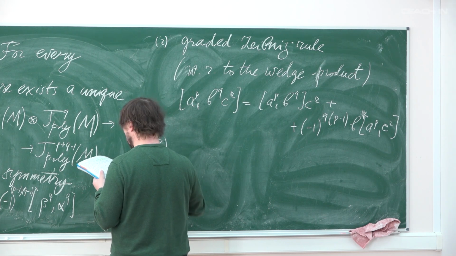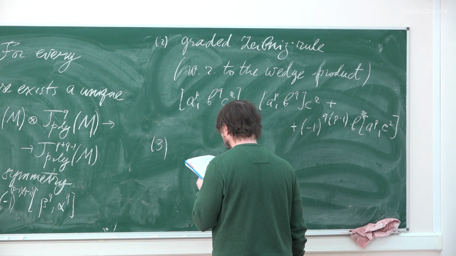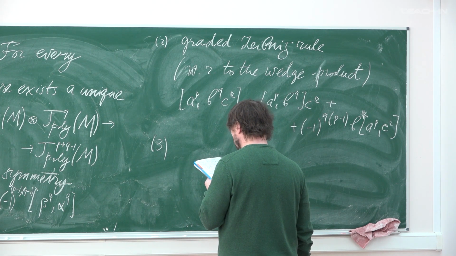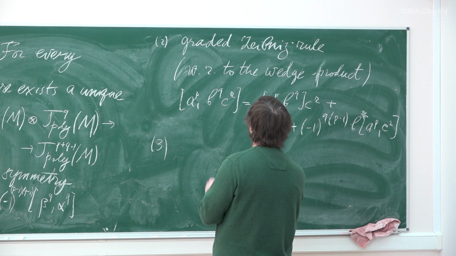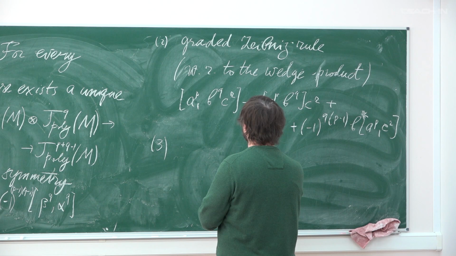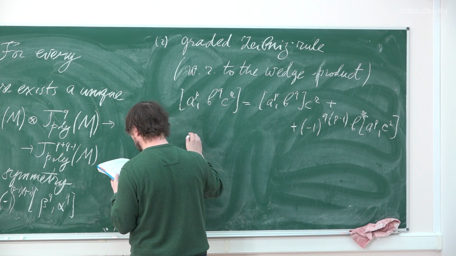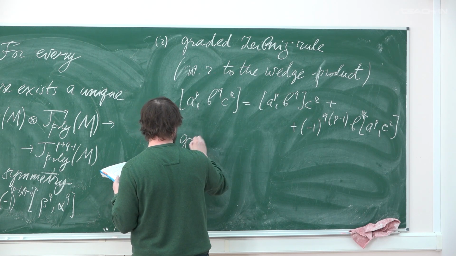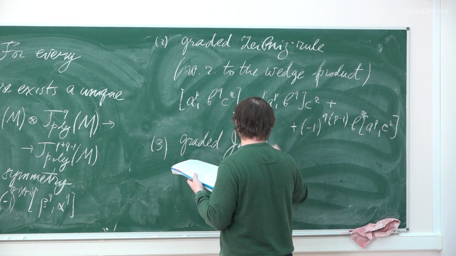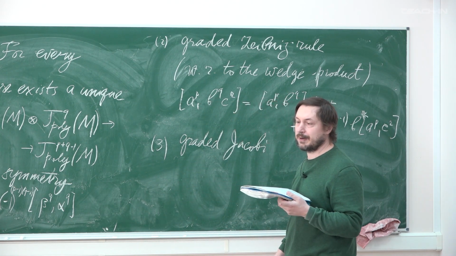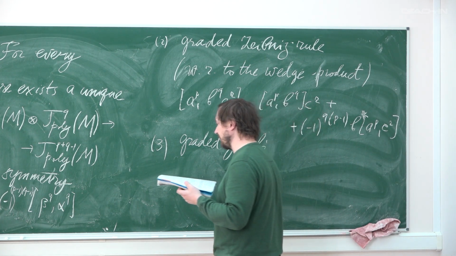Now the condition number 3. Let's put the important conditions first: the graded Jacobi identity. Again, this graded Jacobi is with respect to the degree -1 brackets, so it's a little bit different from what you might have seen.